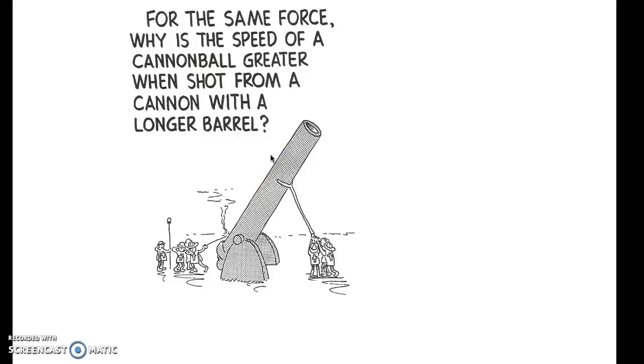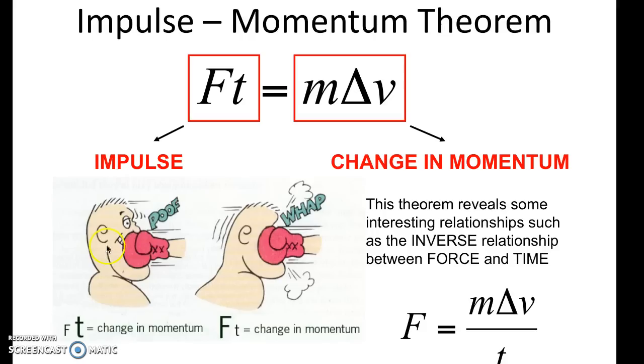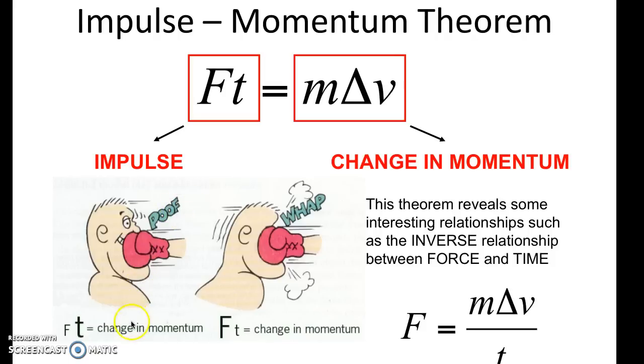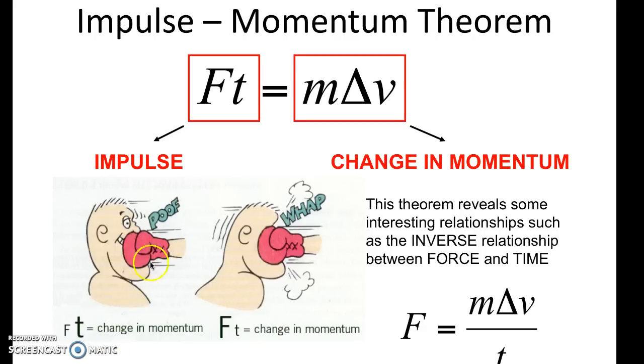Okay, and so some examples of this. Sorry, let's go back over here. Okay, so I really want to highlight some of these examples. So this is an example of a guy getting punched in the face. Okay, so in either case, the glove will experience a change in momentum going from its momentum mv to 0.